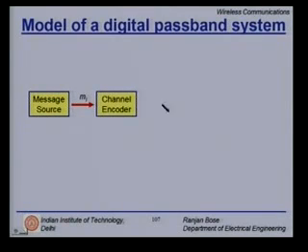Then it passes through a channel encoder. By design, we have skipped the source coding part, assuming that this is incorporated in here. So channel coder puts redundancies in a known manner so as to overcome the effects of noise and other channel impairments, and we get SI.